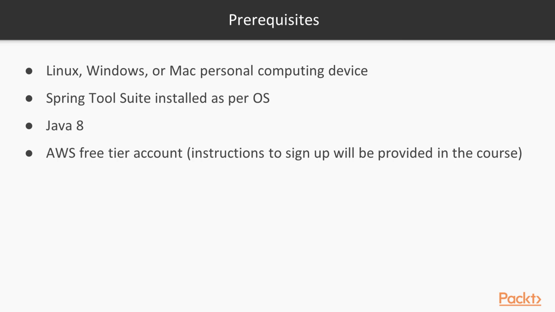And then you definitely need Java 8. If you have an older version of Java on your machine, just get rid of it and get Java 8. And then we're going to show you how to get an AWS free tier account. So basically, this is what you need to log in to AWS and do various activities to follow along with this course.